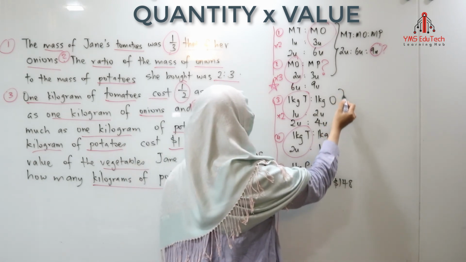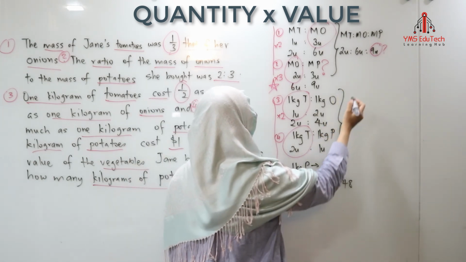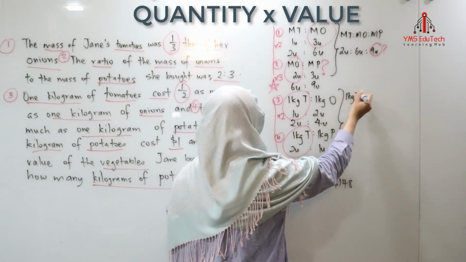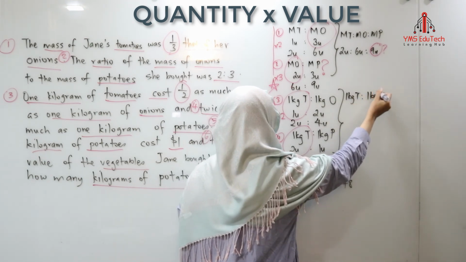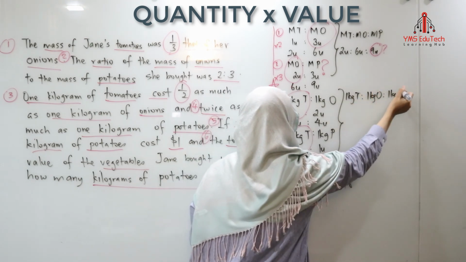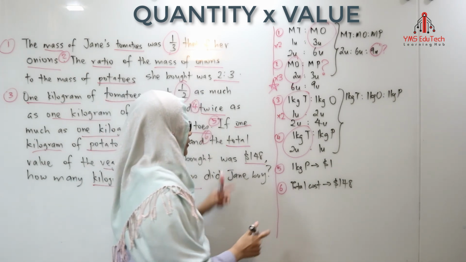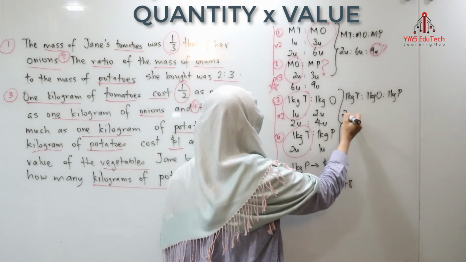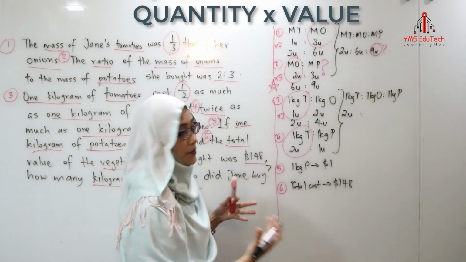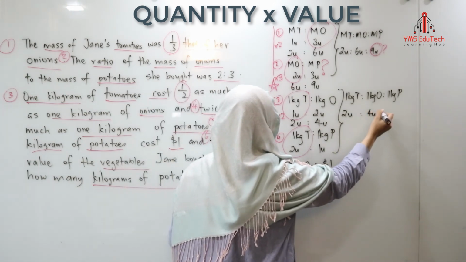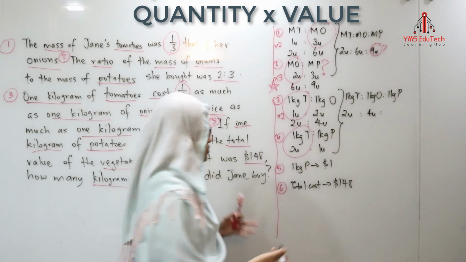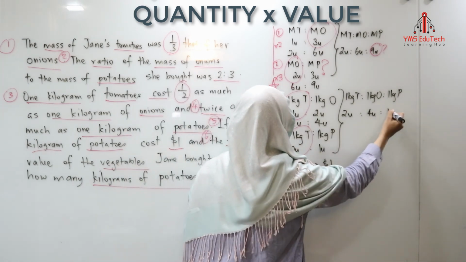So I'm going to combine this. I will have 1 kilogram tomato is to 1 kilogram onion is to 1 kilogram potatoes. And what will I have? 1 kilogram tomato costs 2 units, 1 kilogram onions costs 4 units, and 1 kilogram potatoes costs 1 unit.